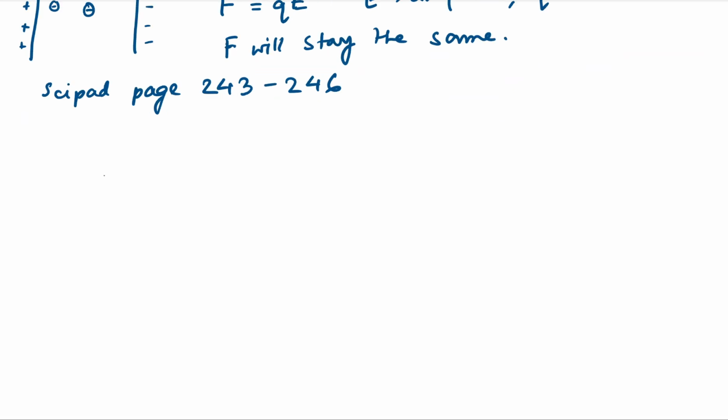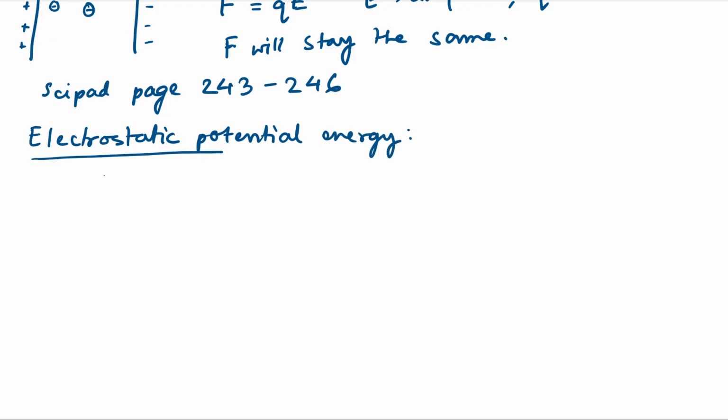Okay, so the last part of this static electricity topic that we have to learn is actually electrostatic potential energy. So the last thing we are going to revise is electrostatic potential energy of a charged particle in an electric field.